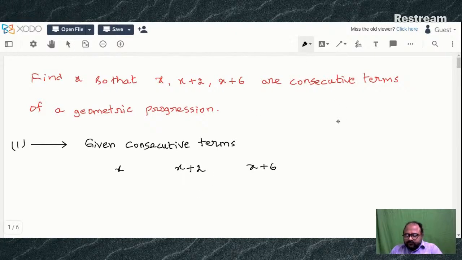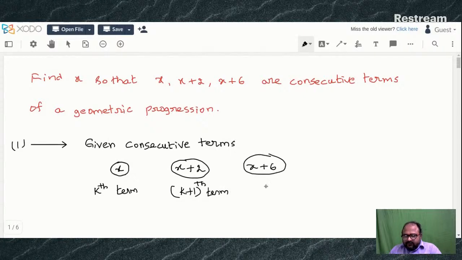Suppose that this is the kth term, and then this becomes the k plus 1th term, and this becomes the k plus 2th term.